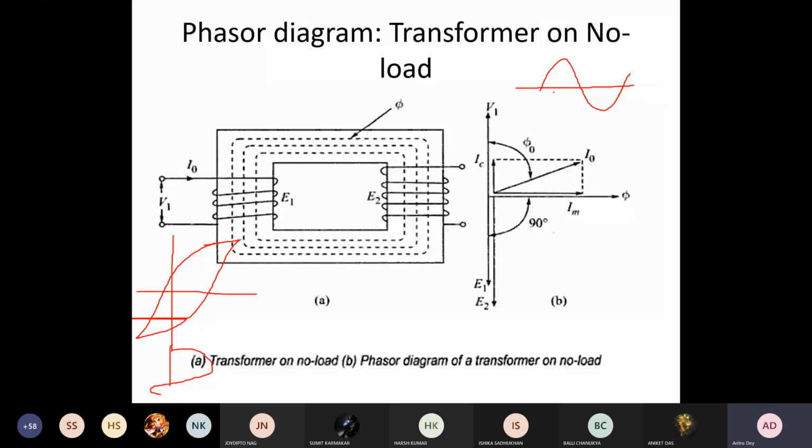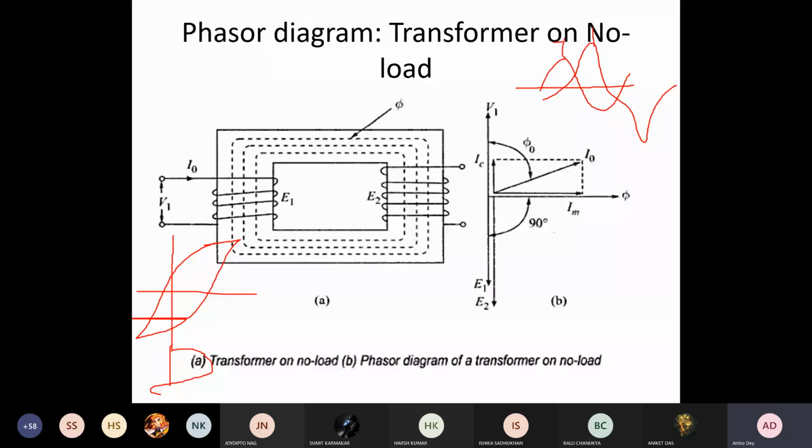But now, because of the hysteresis, you can see that the phi will look like this. There is a phase difference between these two, between your I and your phi.